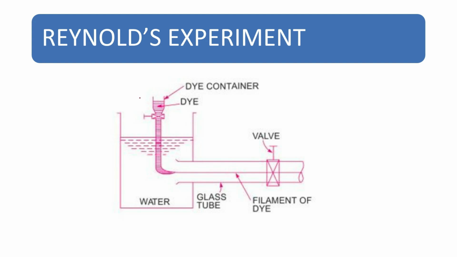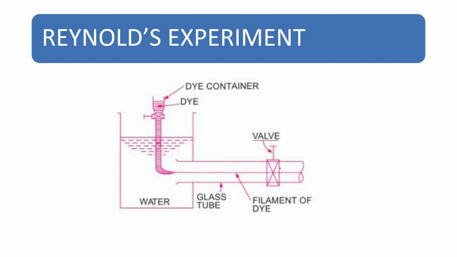For this, we will look at the famous experiment conducted by Reynolds, and we will discuss Reynolds number. So you can see this experimental setup. You have a beaker in which water is stored, and this water is flowing through this pipe, and there is a valve here, and this valve can be adjusted to control the discharge of water.